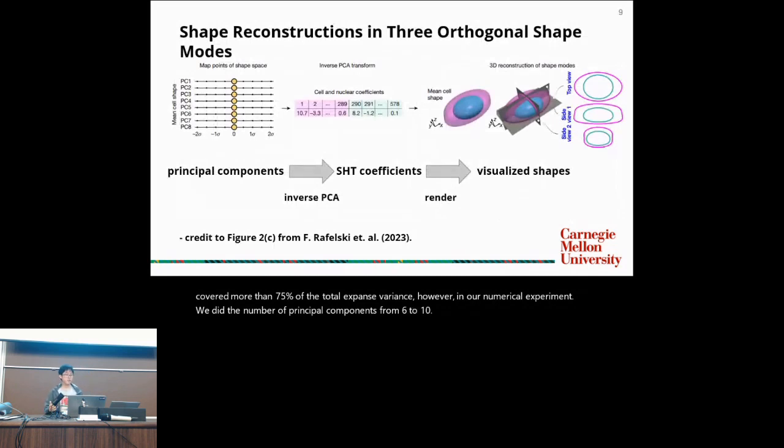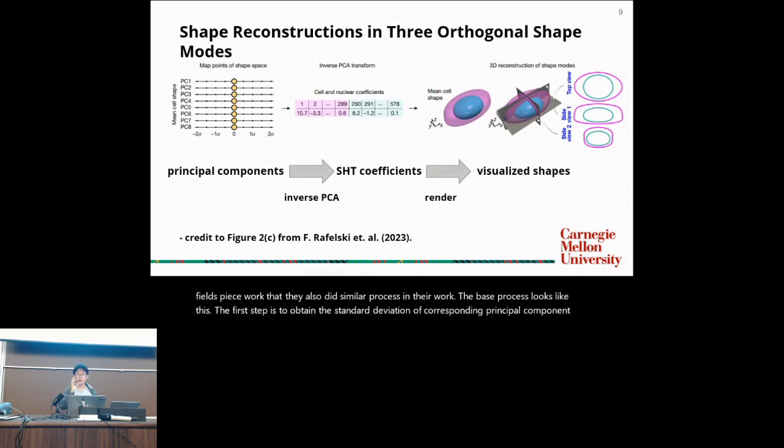And our final step is to perform the shape reconstruction. We adopt the process again from Rafalski's work, which did a similar process. The basic process looks like this. The first step is to obtain the standard deviation of the corresponding principal component.